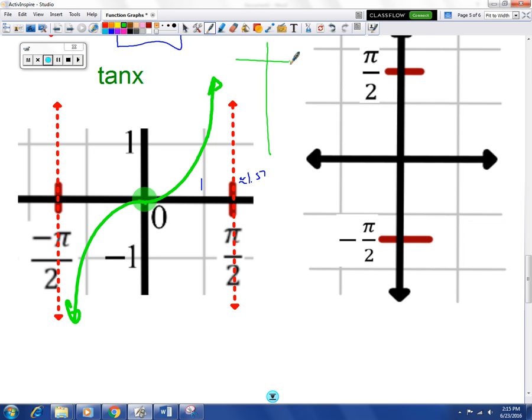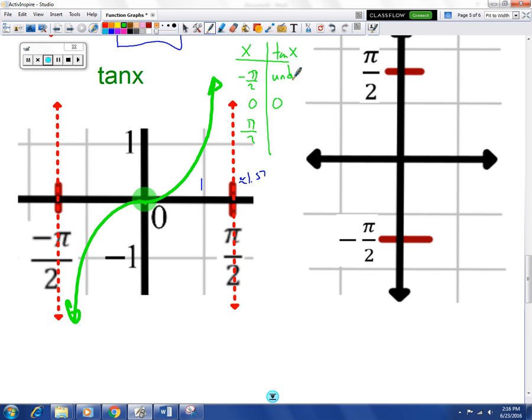When we pick x and tangent x, it's a little more complicated. Let me start with negative pi over 2, 0, and pi over 2. Tangent of 0 is 0. But at negative pi over 2, the tangent's undefined.